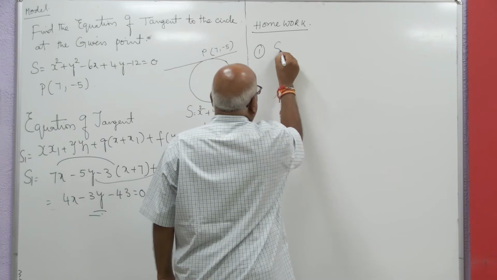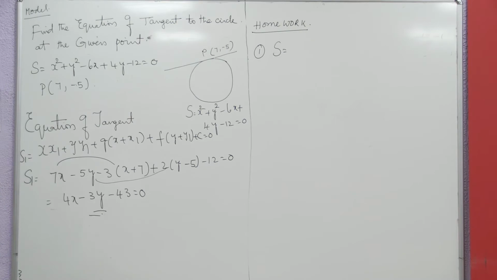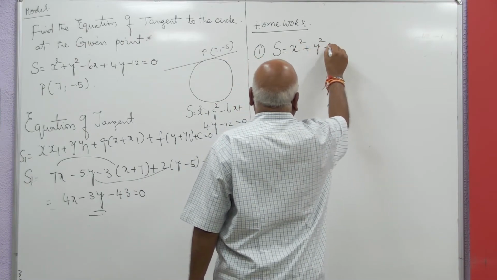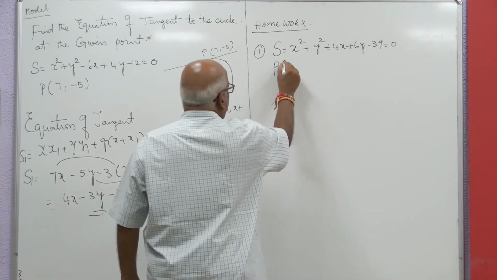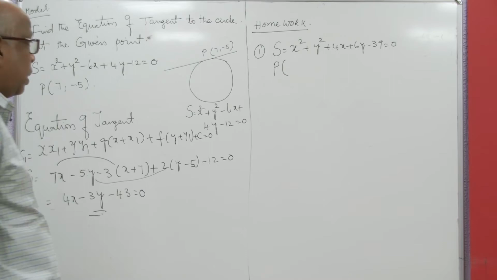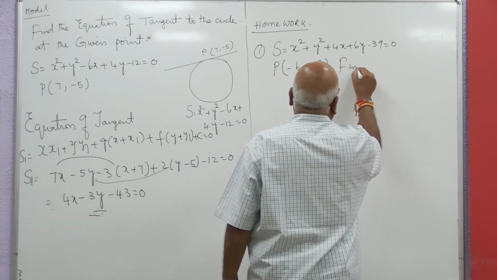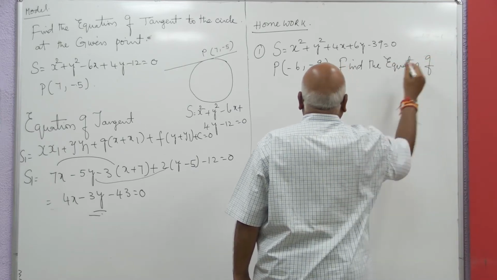First one is the circle equation, I'll write it down here: x square plus y square plus 4x plus 6y minus 39 equal to 0, and the point coordinates are minus 6, minus 9. Find the equation of tangent.